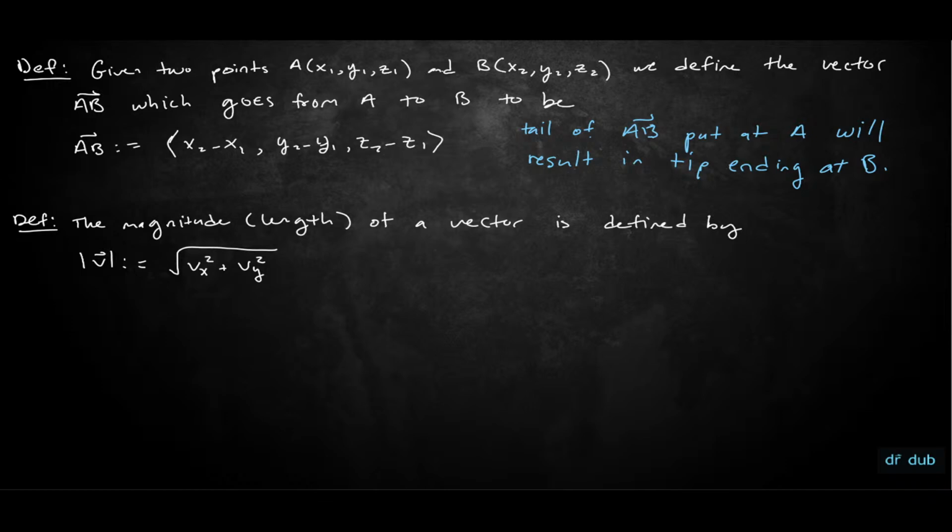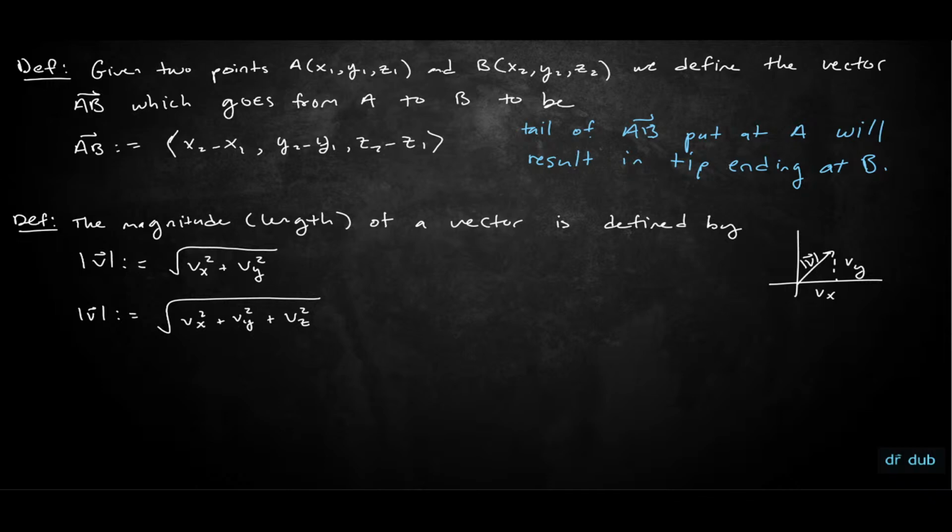So if you look at it in 2 dimensions, you have vx, you have vy, and you want to get the length of v, which is the hypotenuse. It's really just the Pythagorean theorem. And then similarly, in 3D, magnitude of the vector would be square root vx squared plus vy squared plus vz squared.